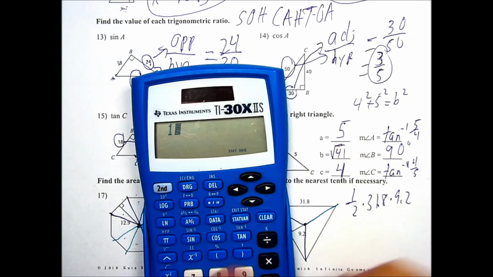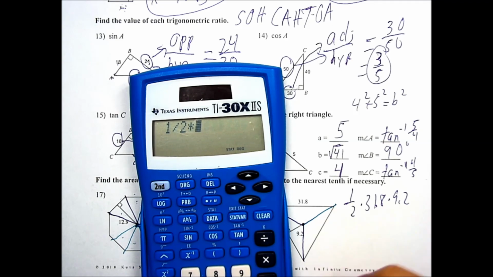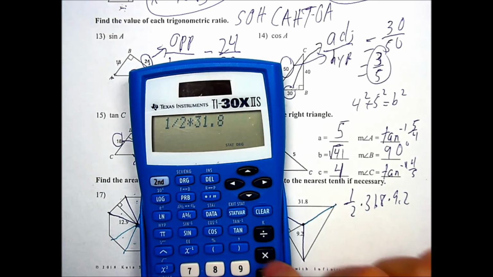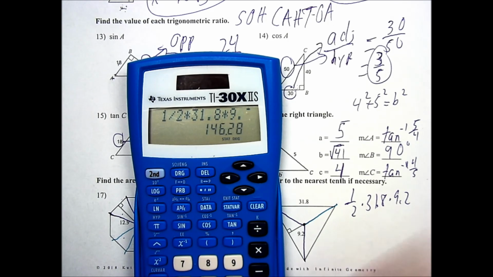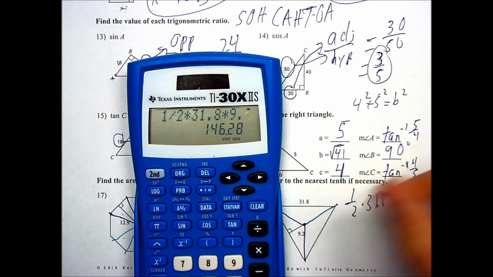So half times 31 and 8 tenths times 9 and 2 tenths. Well, that is 146.28. And then I can multiply that by 3 because there's 3 of those in there.